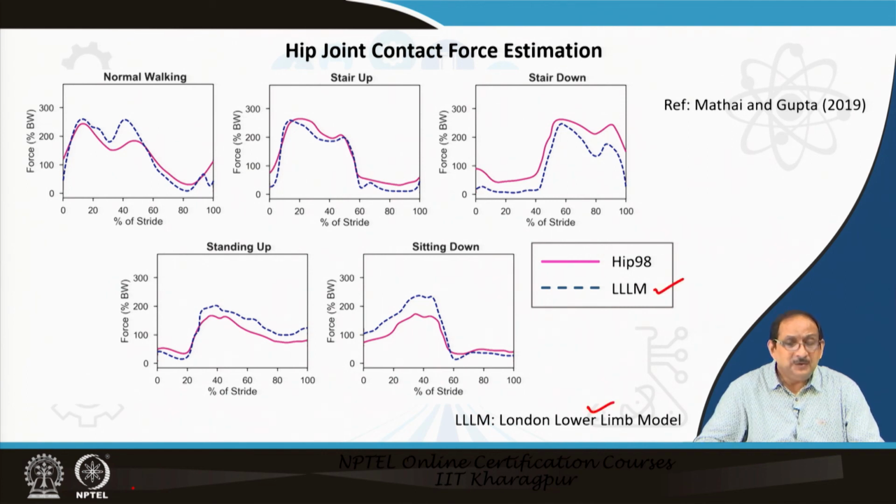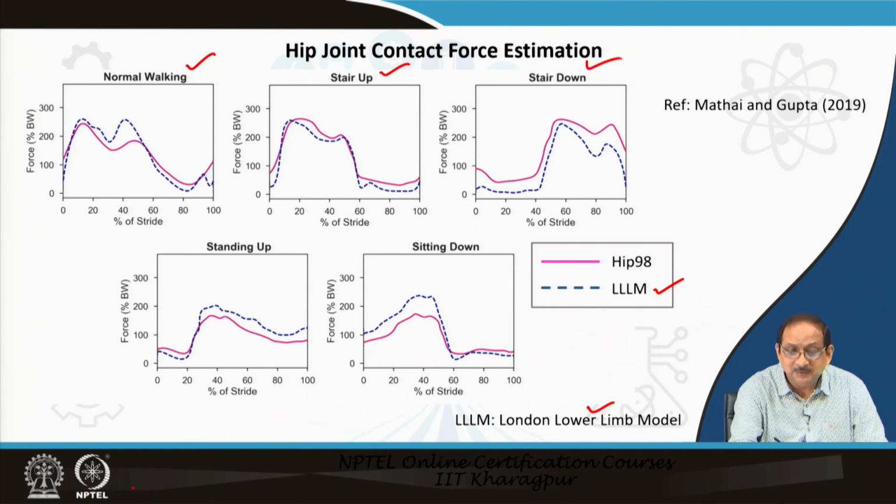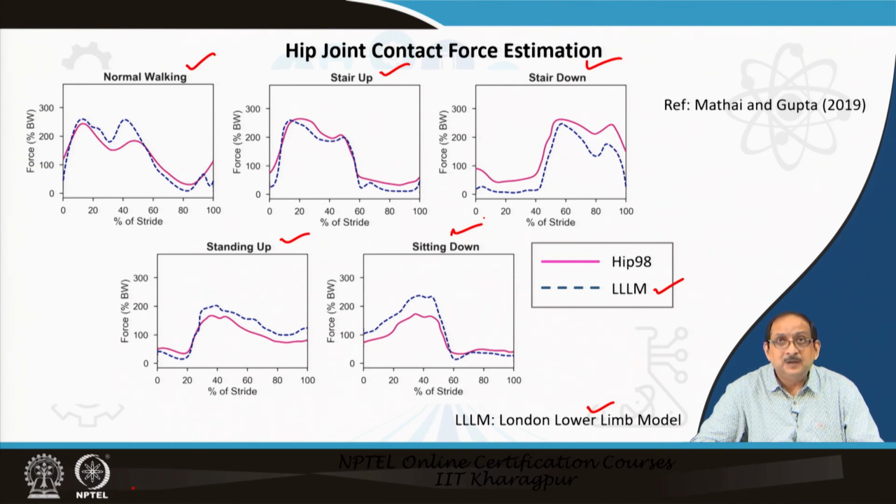In this slide, the joint forces were estimated for various activities like normal walking, stair up, stair down, standing up from a chair and sitting down during the stride cycle as indicated in the figures presented here.